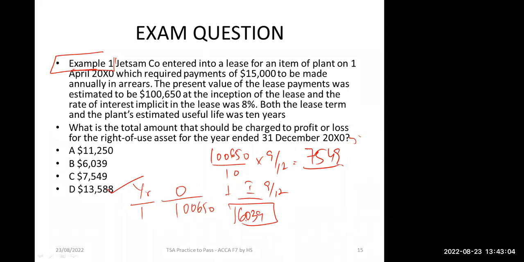Why it's only for right to use the asset. Total P&L charge. It's mentioned here. What is the total amount that should have to be charged?